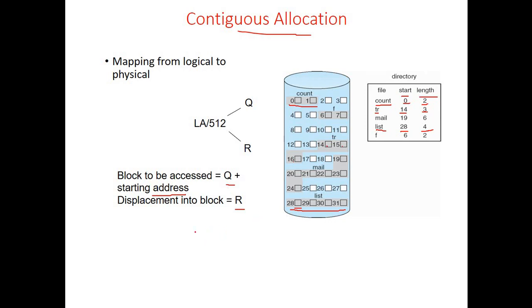For example, the block number Q is 2. So 2 plus the starting address of the file, which is given, plus the instruction number within the block, which is obtained by R. If you add all these 3 components, we will get the address of the instruction in any specific block for that particular file.